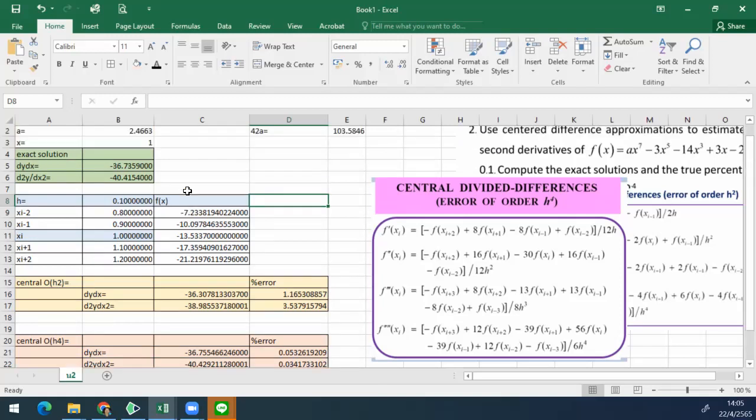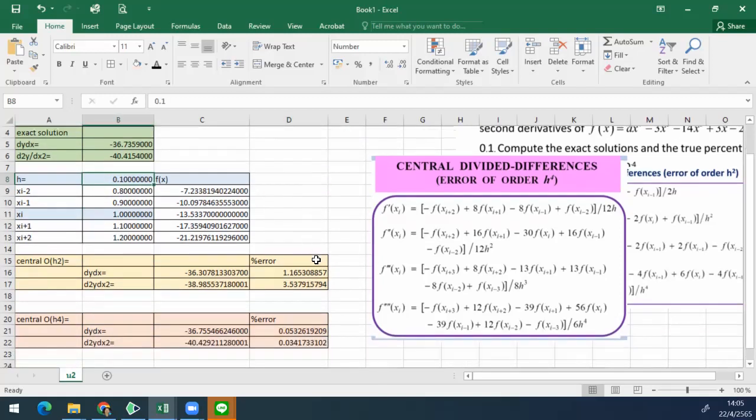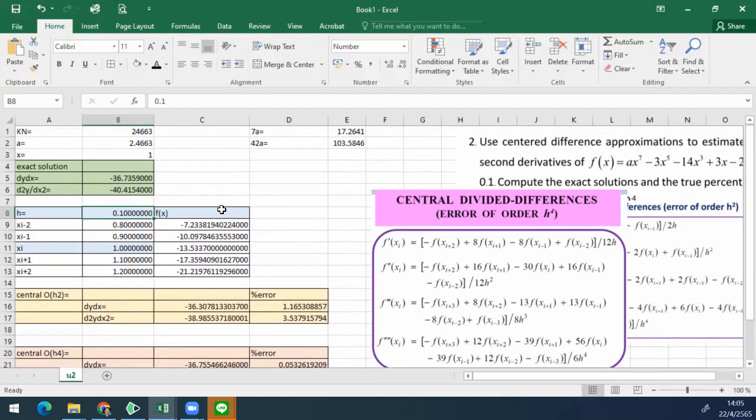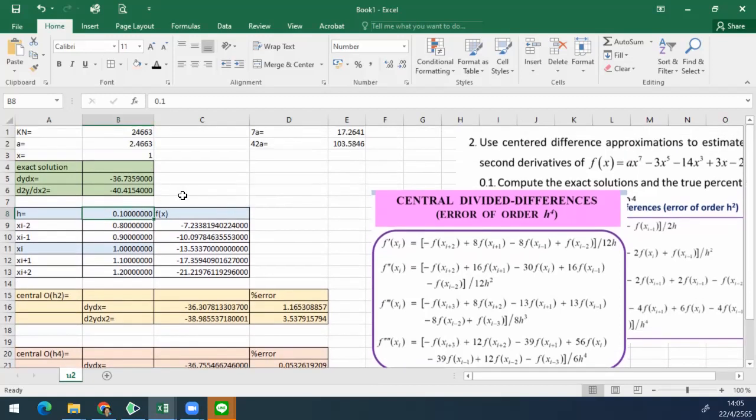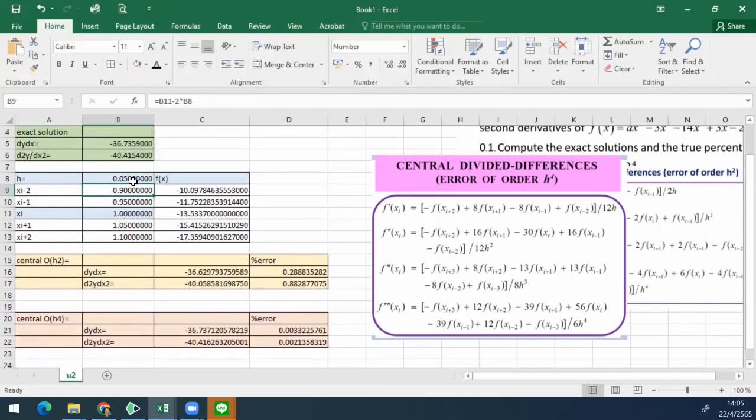Okay, but if we change the size of h, if we change the size to maybe 0.05, for example, reducing it by 1/2, then the percent errors may be reduced. That depends on the size h, which we discussed last time.